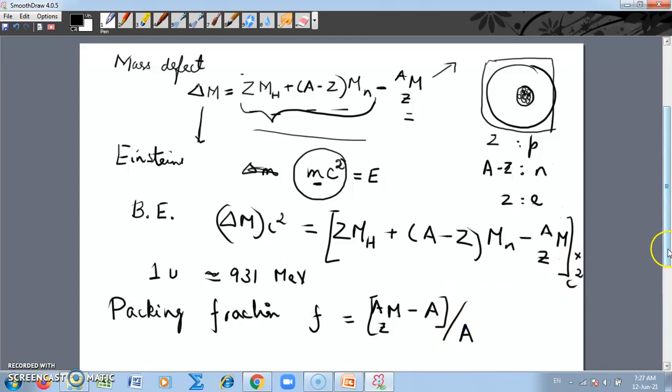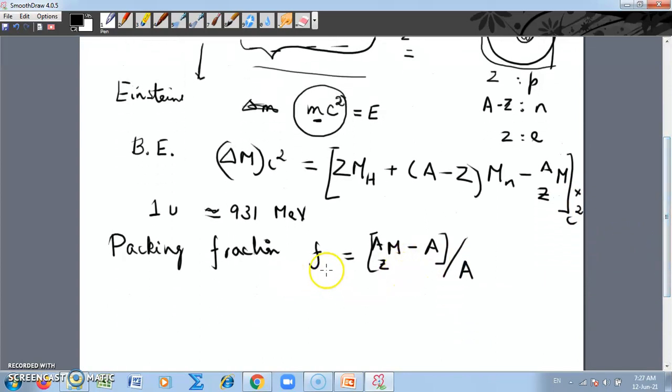So you will have to remember a few small terms like this. So this is the packing fraction. We learned what is the binding energy. Then we can write this as f is equal to M_Z^A over A minus 1, which implies M_Z^A is equal to A times 1 plus f.